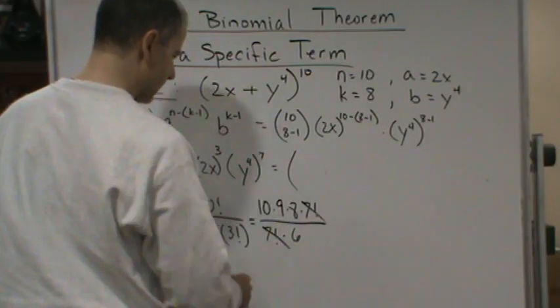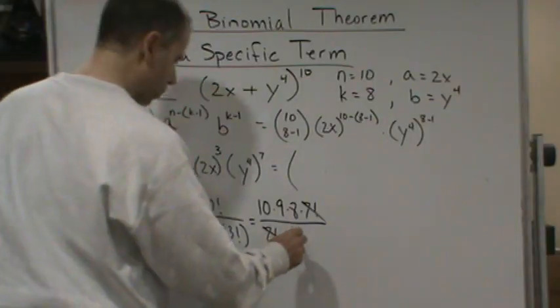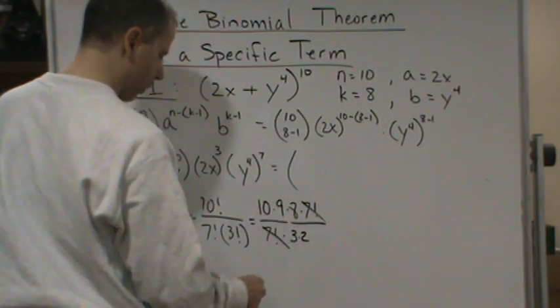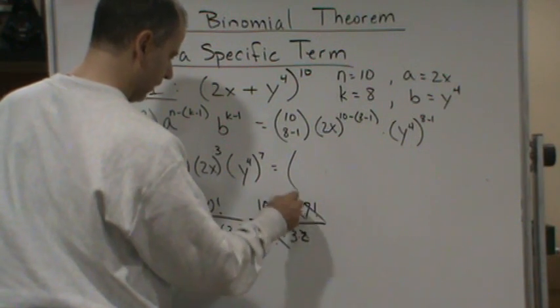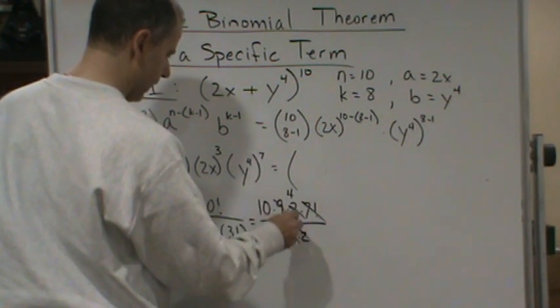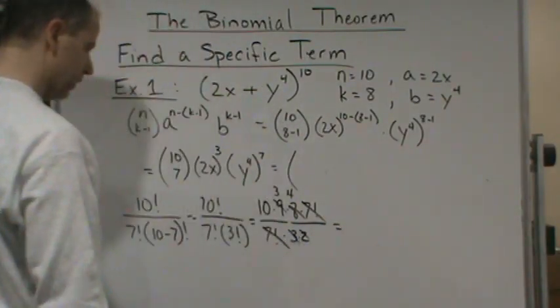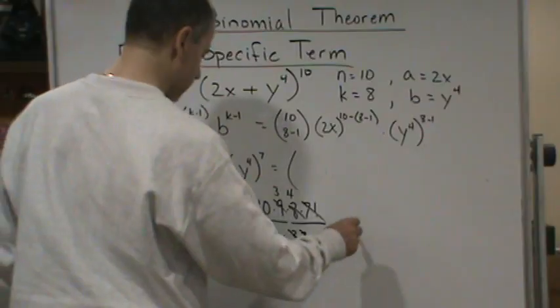Now the 7 factorials will cancel. Well, 6 is what? 3 times 2. Well, the 2 divides into the 8, which gives us 4. 3 divides into the 9, which gives us 3. And so if we multiply across, we get what? 120.